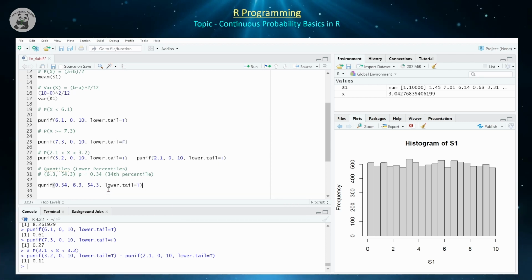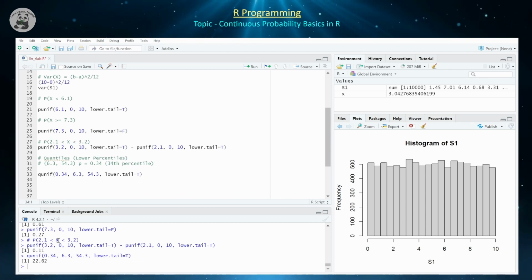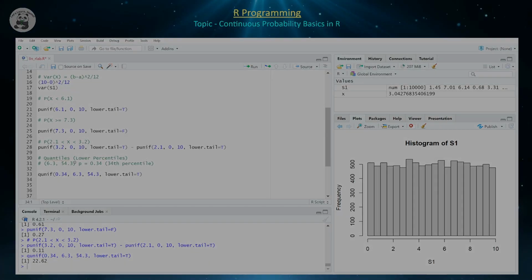If you want, for example, an upper 34th percentile, you would just say lower tail is equal to false, and that will give it to you. So in this case, the 34th percentile for a uniformly distributed random variable on 6.3 to 54.3 is equal to 22.62, and those are the basics for continuous uniform distributions in R.